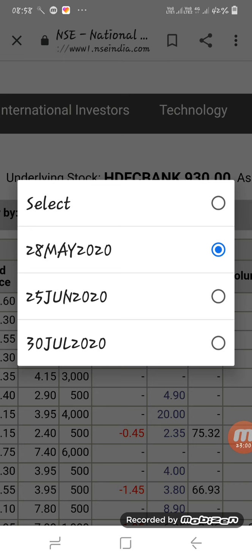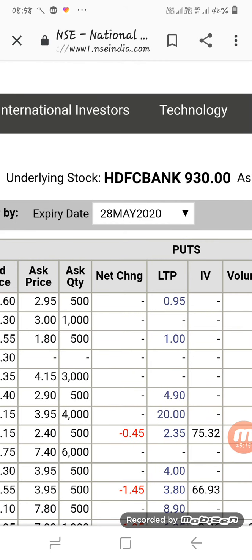So 28 May is one month, which is near. 25th June is the next month, and 30 July is the third month. So we are selecting the near month expiry contract.